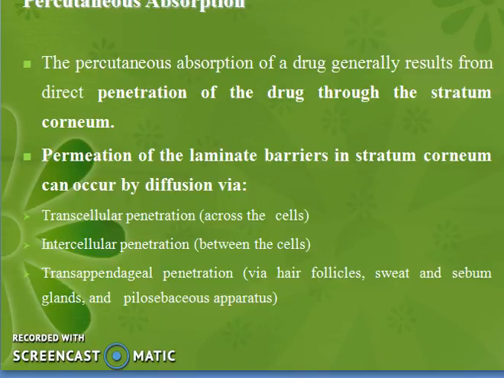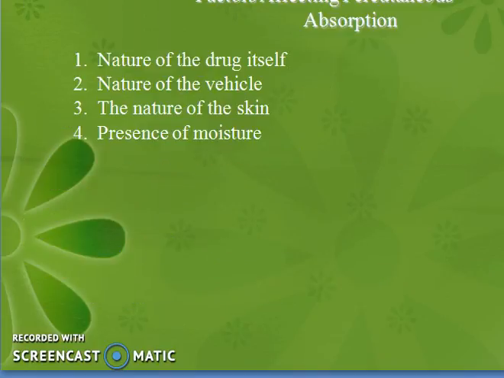The third one is transappendageal penetration, that is via hair follicles, sweat glands, sebum glands or the pilosebaceous apparatus. So there are several ways by which any drug penetrates through the skin.